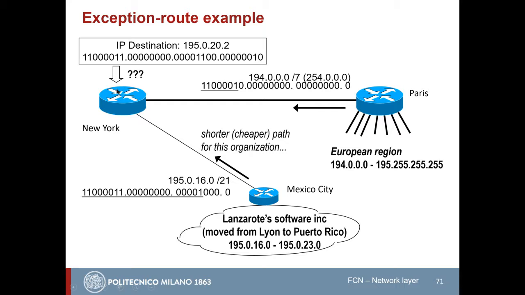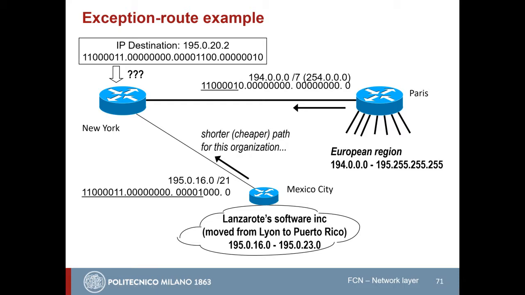Okay. So it's much better to configure the routing table of a router that is in New York using exception routing. So configuring not only this general entry for Europe, but another entry with this network, which is 195.0.16.0/21, having the router in Mexico City as next hop. Okay.